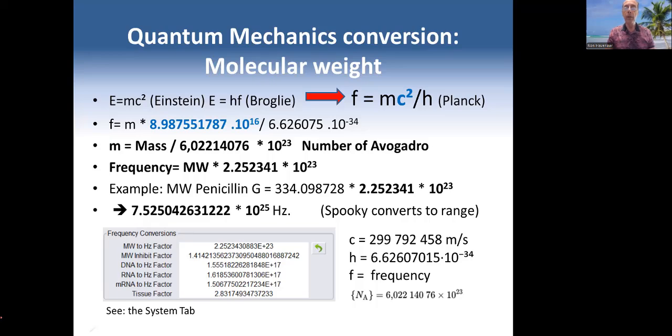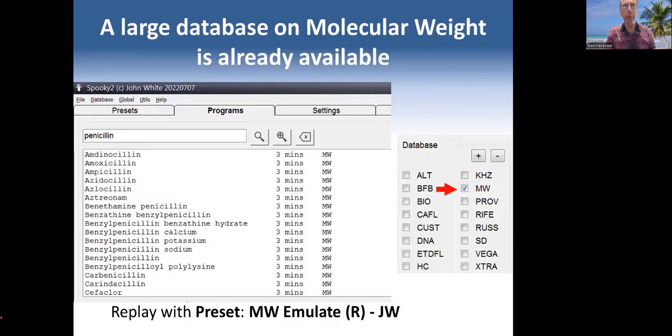Yeah, and the mass here in this formula, frequency is molecular weight times square light speed divided by the number of Planck. And then you find the frequency. Yeah, so you don't need to bother about calculating because the software calculates it for yourself. So if you go to the Spooky, you see here a screenshot of Spooky.